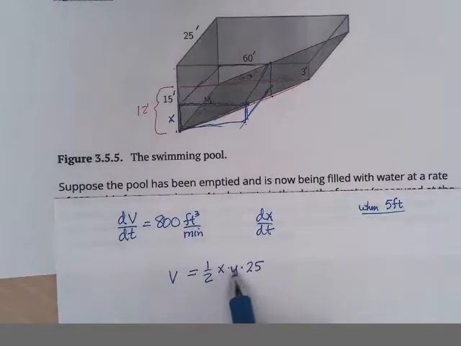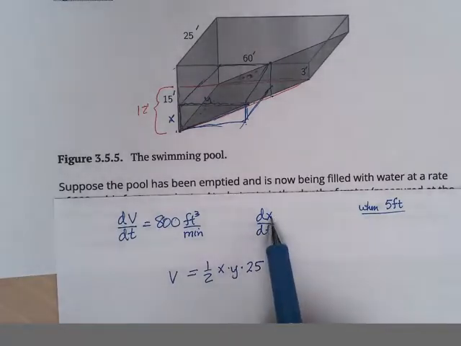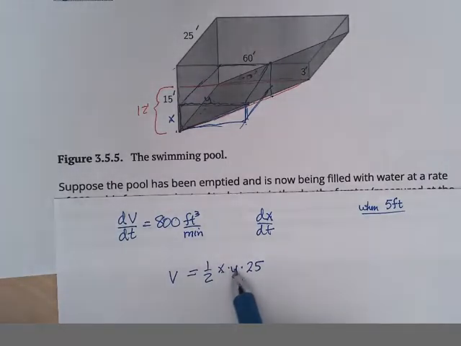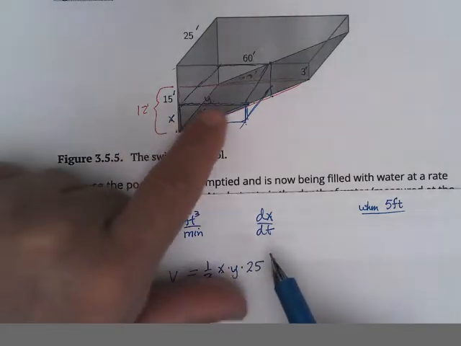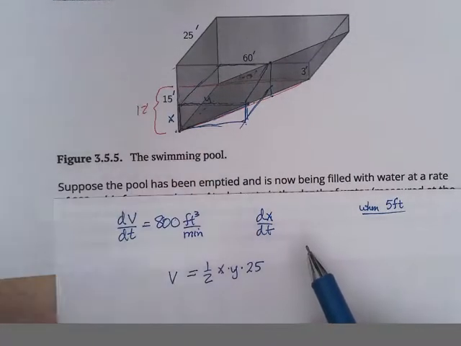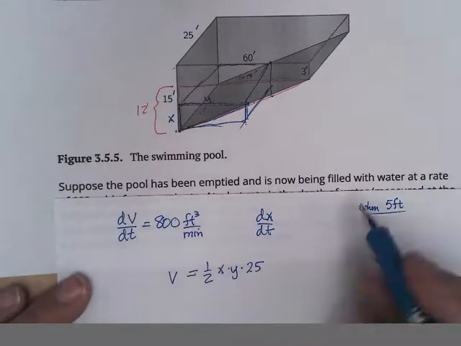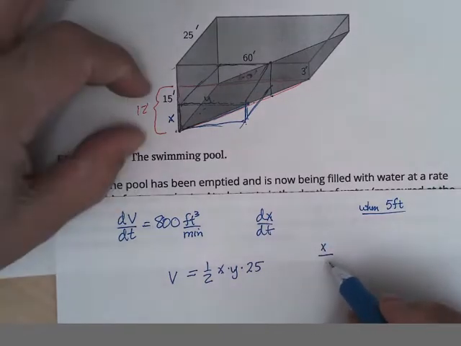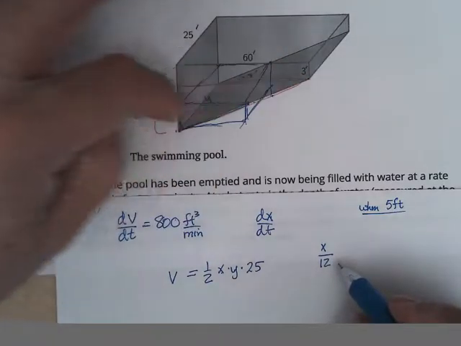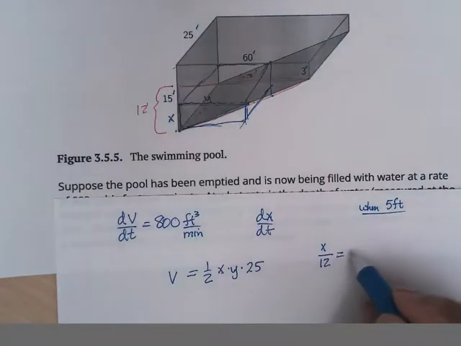Okay, we've got two variables over here. We'd love to have just the x, so we want to find y in terms of x. And that's where we're going to use those triangles I saw early on. Let's see, x is to 12, not the height of the pool, but the height of this triangle that on the slopey part, is y to 60.